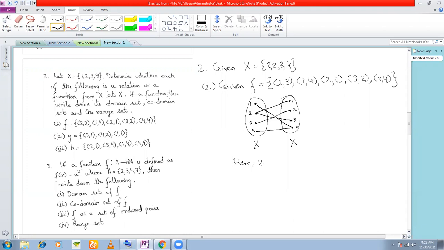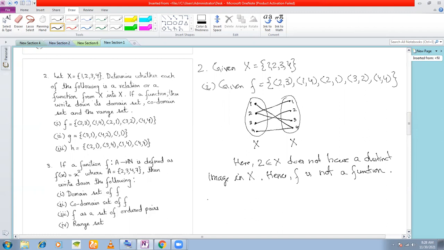So here 2 belonging to X does not have a distinct image in X. Hence, F is not a function. Okay, it is a relation, but not a function.